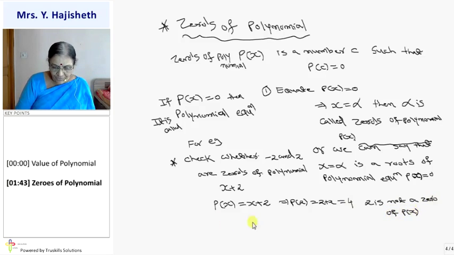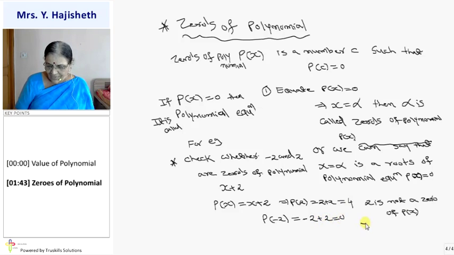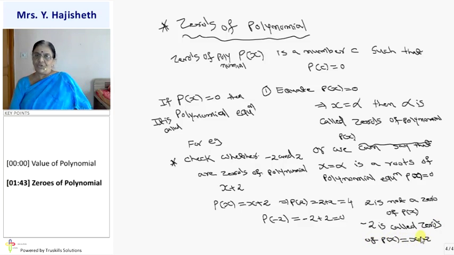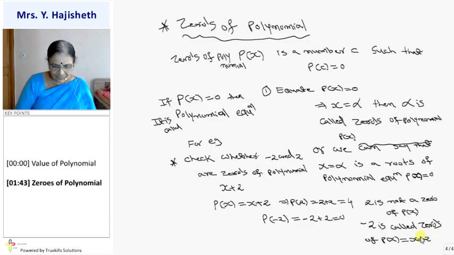But if I put -2 in my p(x), it is -2 plus 2 and it is 0. So -2 is called zeros of p(x), okay? -2 is called zeros of p(x) is x plus 2. Clear?